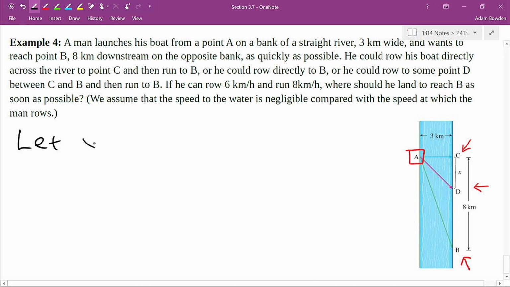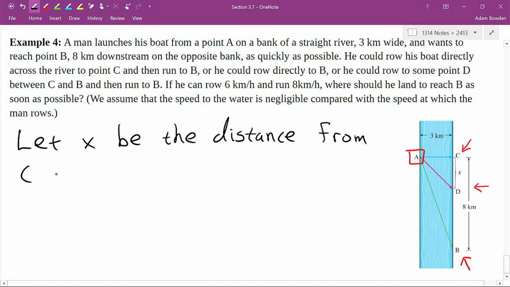What we're going to do here is let x be the distance from point C to the other point D downstream. We're going to notice how we have sort of a right triangle situation going on. We'll focus in on that triangle ACD.